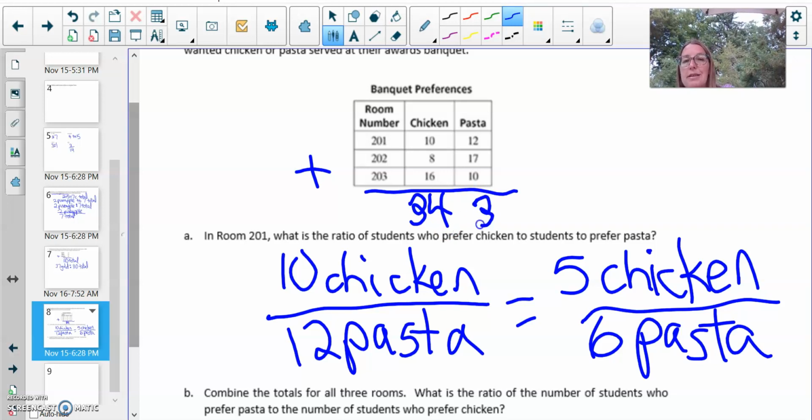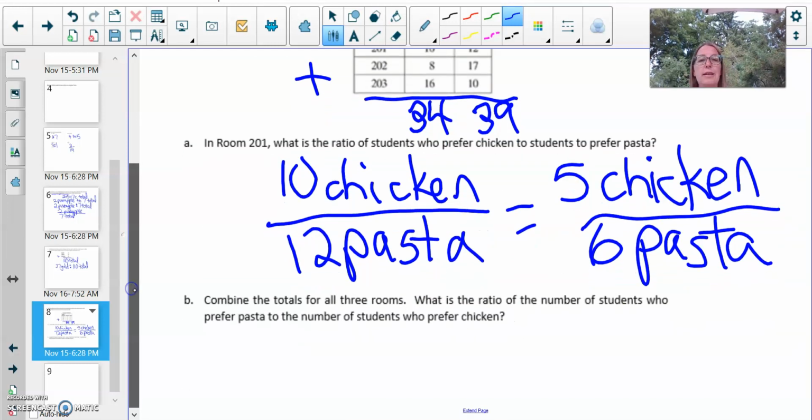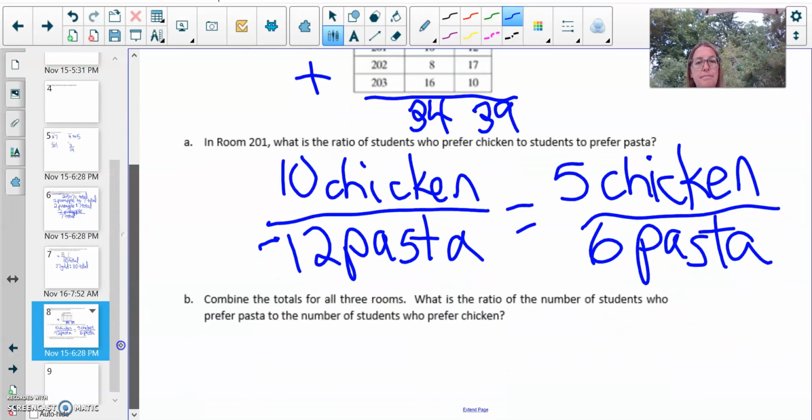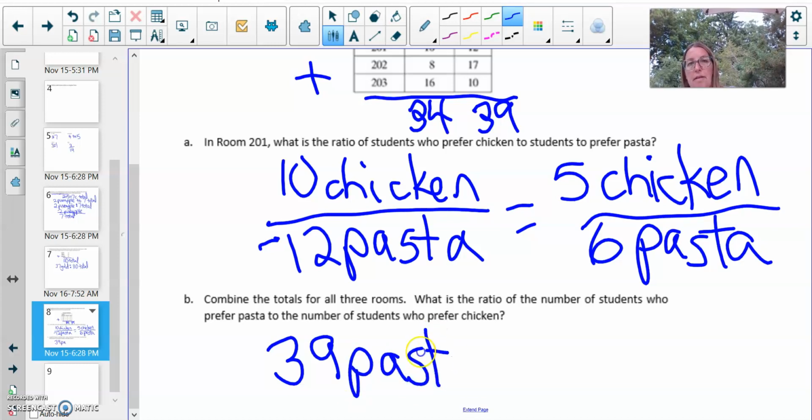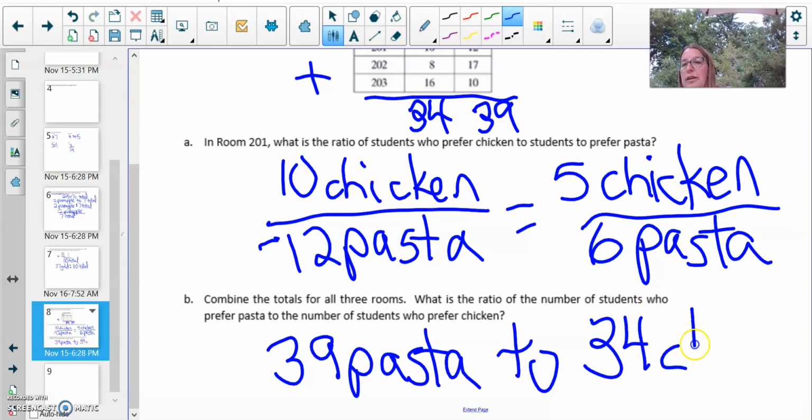So for pasta, the total was 39. So the ratio now, they want pasta to chicken. So it would be 39 pasta to 34 chicken. That ratio does not reduce, so that is my final answer.